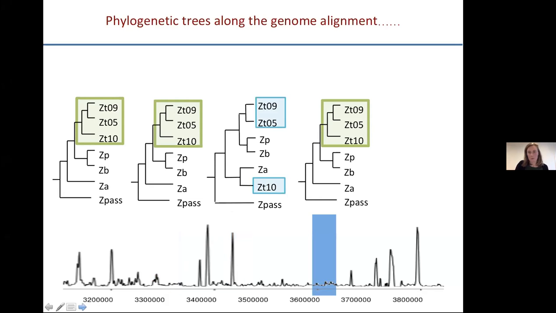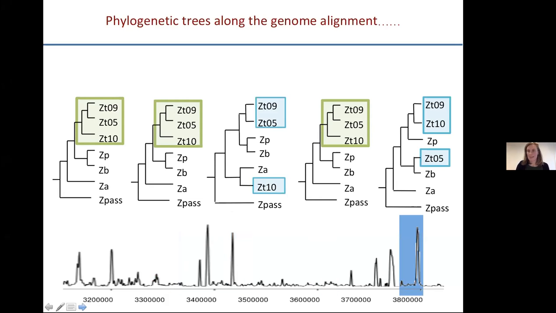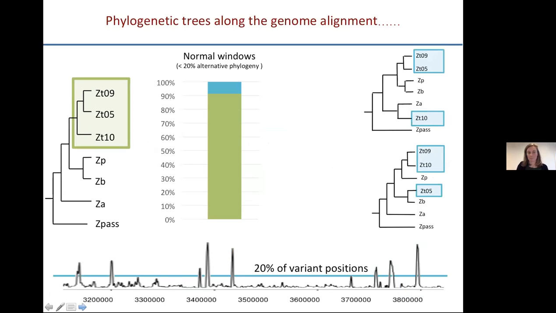And so we find a pattern of these highly variable regions showing incongruence in the phylogenetic relationship of the Septoria species, supporting our hypothesis of hybridization.